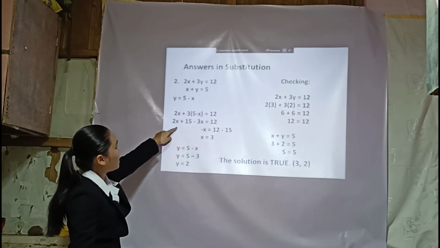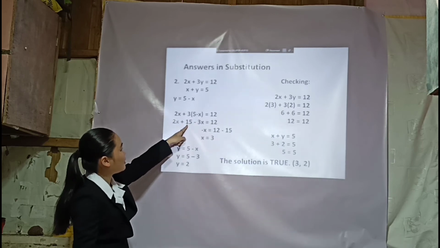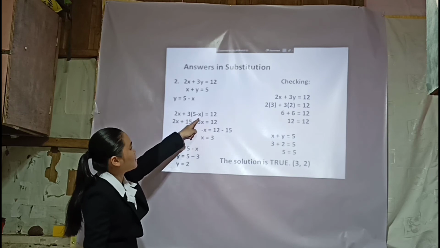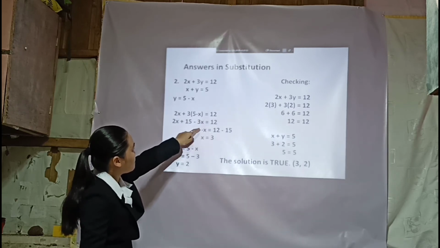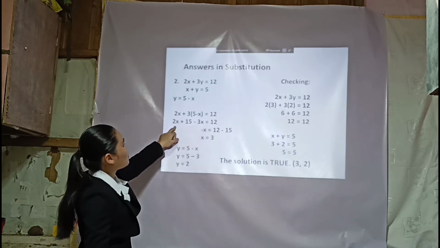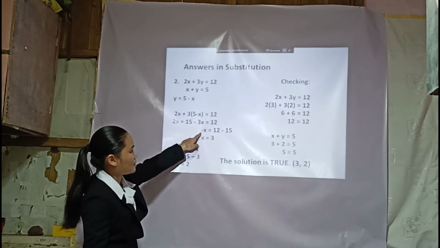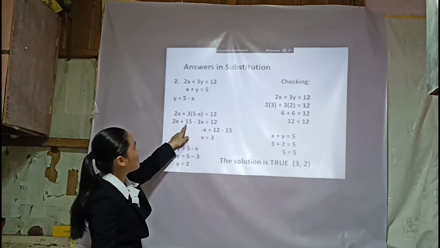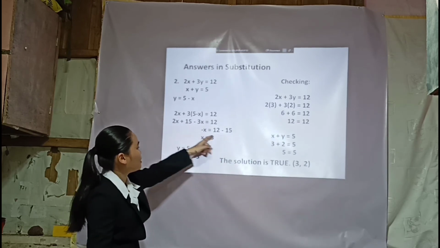So 2x plus 3 times y, which is 5 minus x, equals 12. So 2x plus 3 times 5 equals 15. 3 times negative x equals negative 3x. So combine like terms, 2x minus 3x equals negative x equals 12. Transfer the positive 15 to the other side, it becomes negative 15.